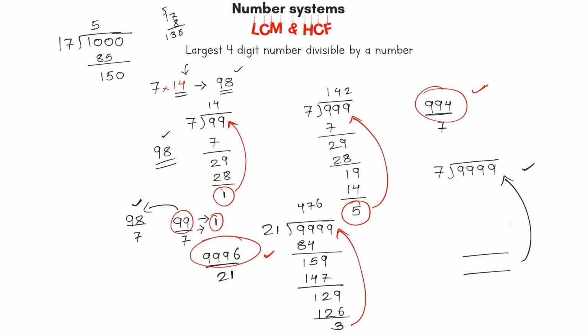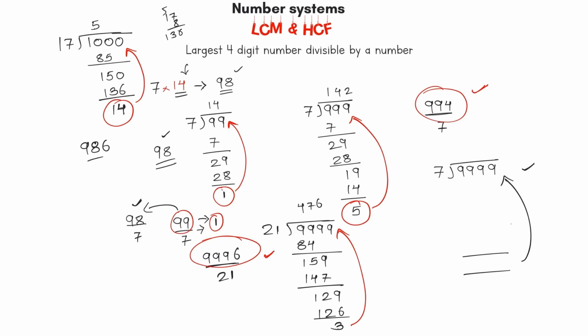So this becomes 136. Now the remainder here is 14. What is the meaning of this? If you subtract 14 from 1000, you get 986, correct? Add 14 to that, you will get 1000.